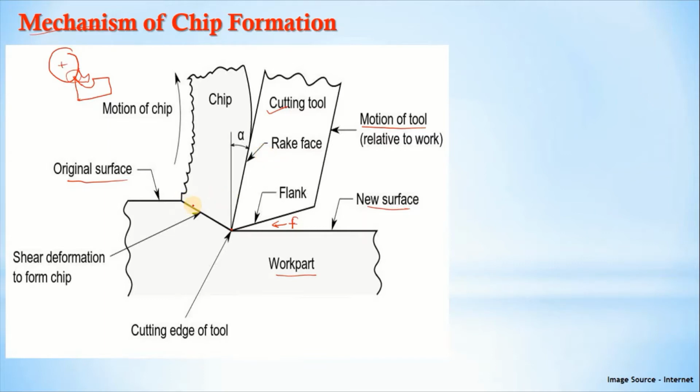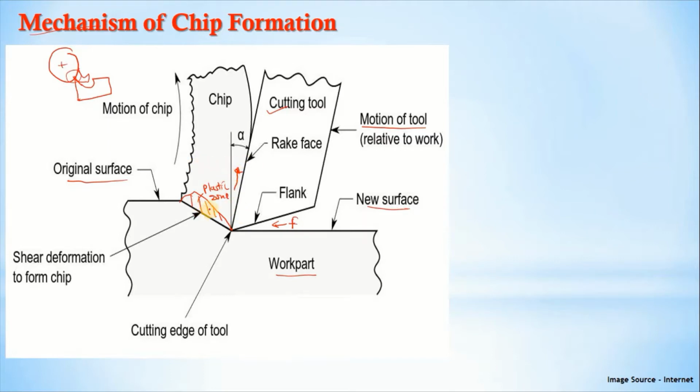At this place the material starts deforming, so the plastic deformation or plastic zone takes place here, and the work material slides over the rake face, where the shear stresses are induced.